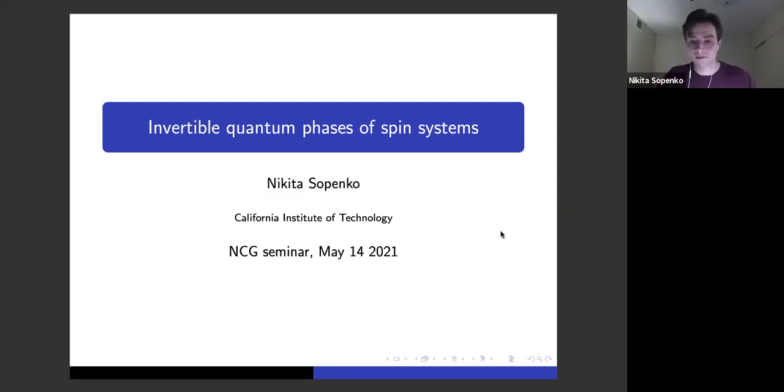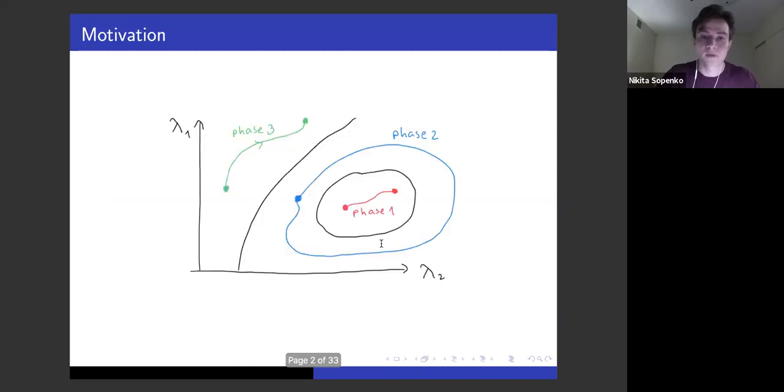So the question is, basically, one of the basic questions in physics: how to describe phases of some systems. We usually have some space of parameters, and we have some loci where we have phase transitions, so some properties drastically change, and we have the complement of this, which is the space of good phases.